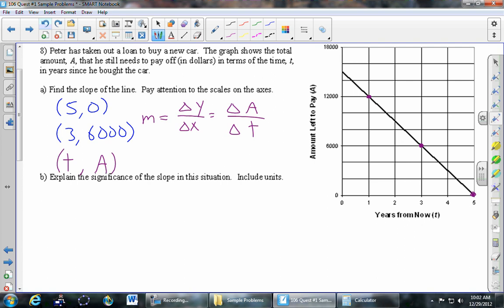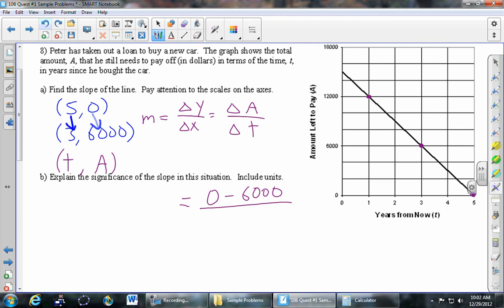So let's just start doing this calculation. I'll put it down here, equals. So we're subtracting the A numbers, the second numbers, 0 minus 6,000, divide by, and then when you subtract the x numbers, or the t numbers in this case, make sure you subtract in the same order. I subtracted 0 minus 6,000.